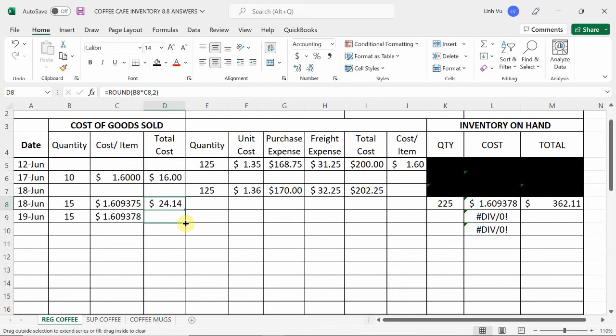So we have to subtract the 15 from the 225, right? Well, in this case, do you know how much it's going to cost you to sell? You need to finish this one first before you can update your inventory.